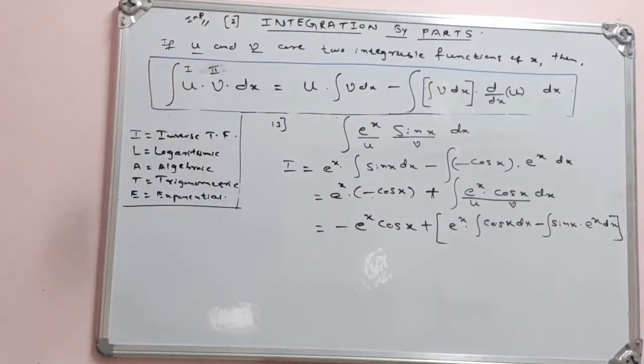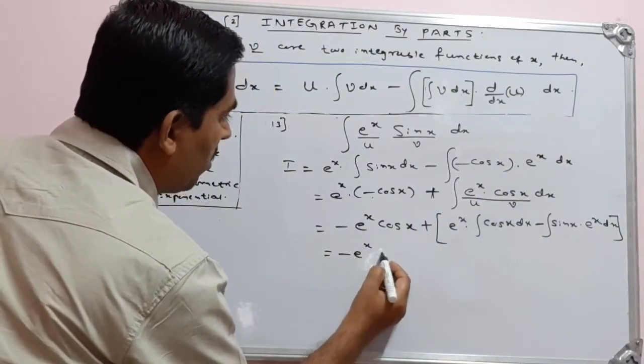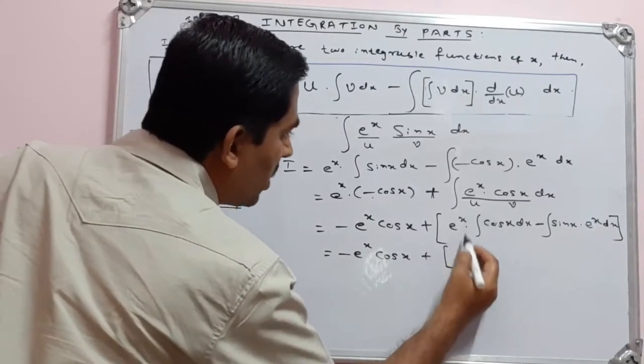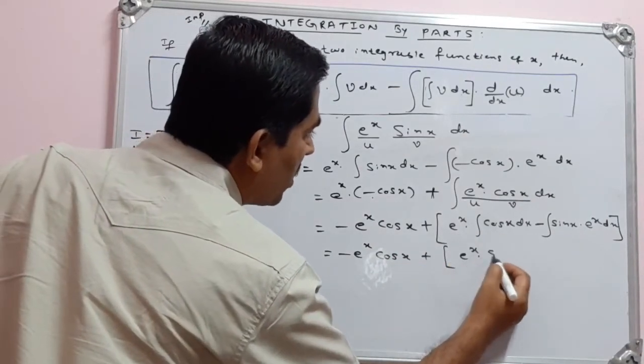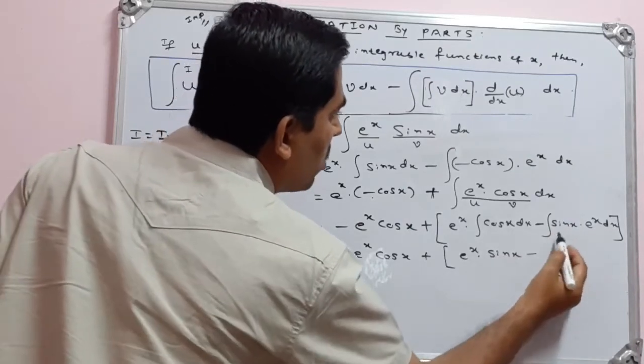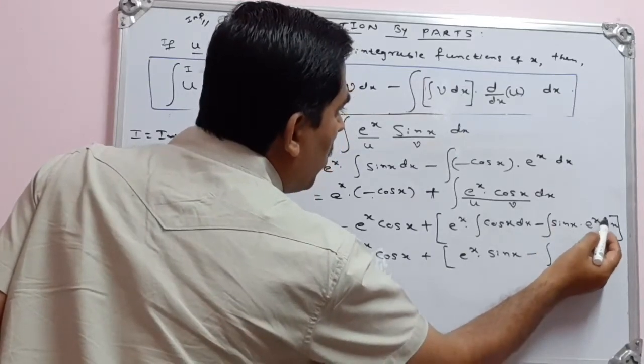So I have selected the first function as e to the power of x and the second function as cos x. Then see what happens here. E to the power of x cos x, let me write this as it is, plus, inside the quantity, e to the power of x into integration of cos x, which is sin x, minus, this thing I can write as it is, the integration of this quantity.